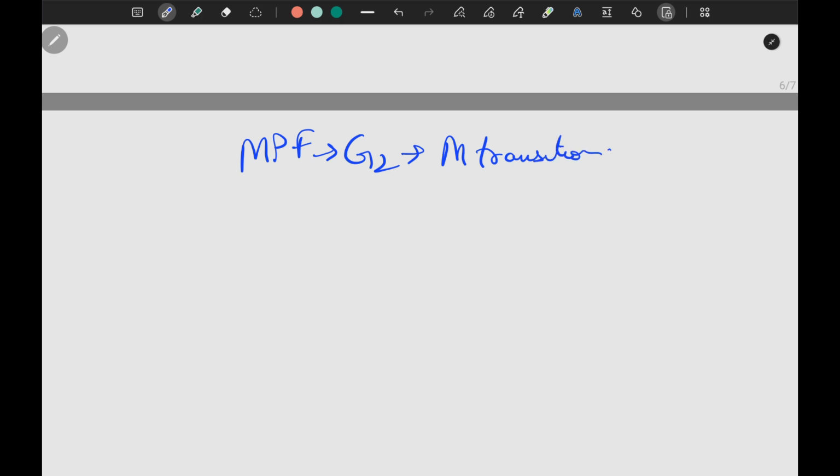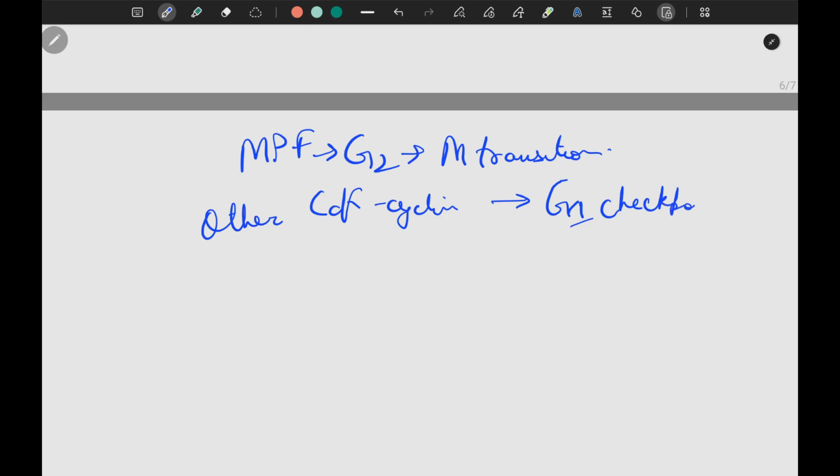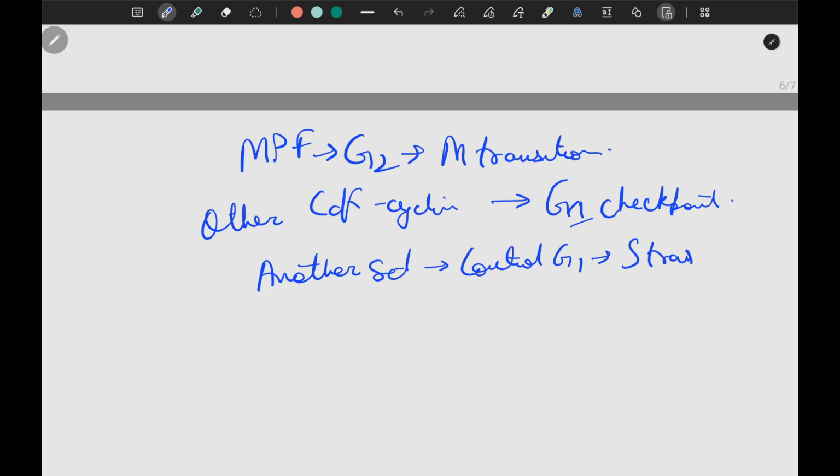Another cyclin CDK complex controls the G1 checkpoint. Another controls G1 and leads to the S phase transition. Each complex acts as a green light, which gives the green signal to induce the next part.